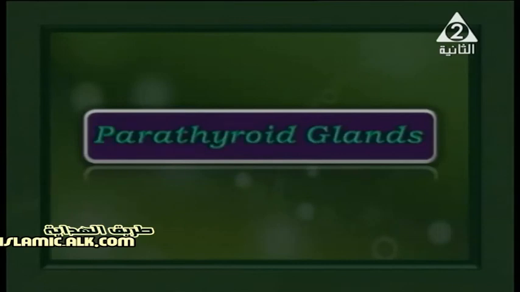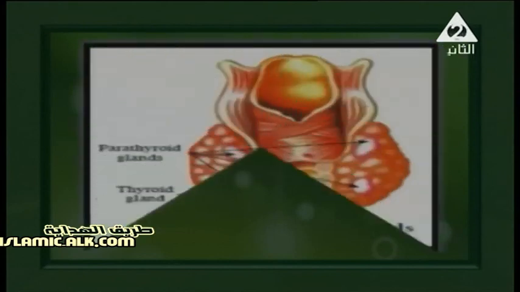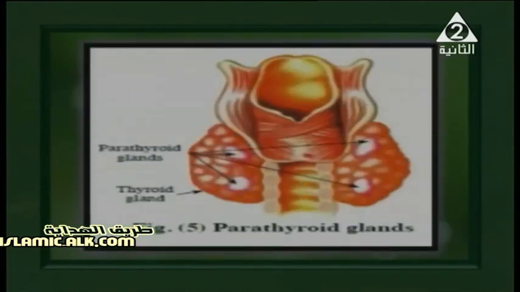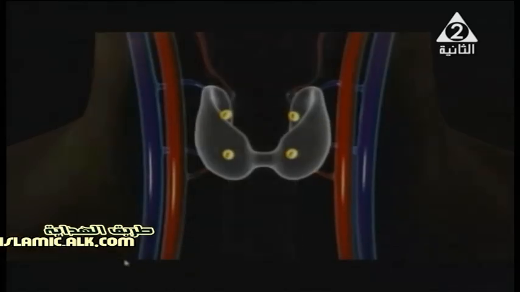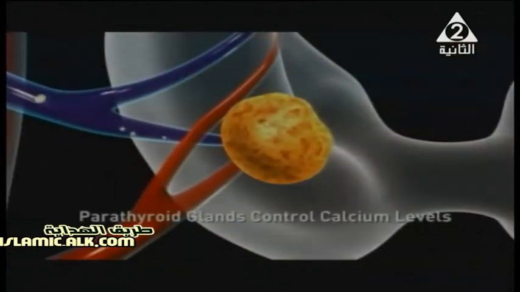The next gland that we have is the parathyroid glands. Its structure: it consists of 4 small, separated lobes, 2 on each side of the thyroid gland.